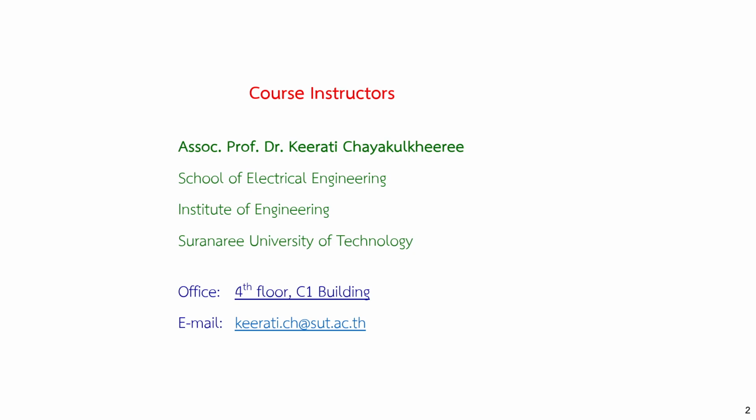My office is in the C1 building, on the fourth floor. At this time, the building is under renovation, so it's quite difficult to get access. This is my email. You can send an email.